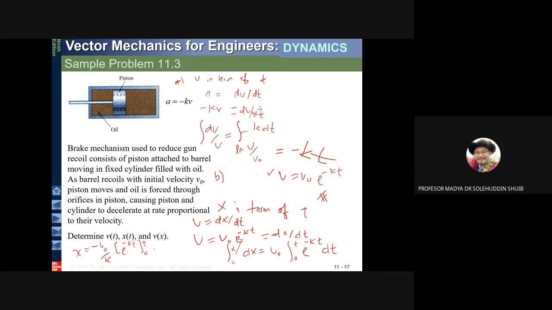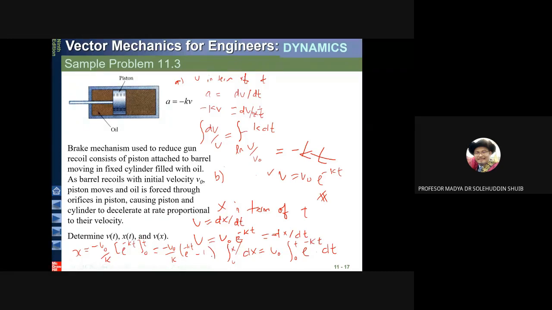And then you get the value of minus v dot over k, and then e to the power of minus kt minus 1.